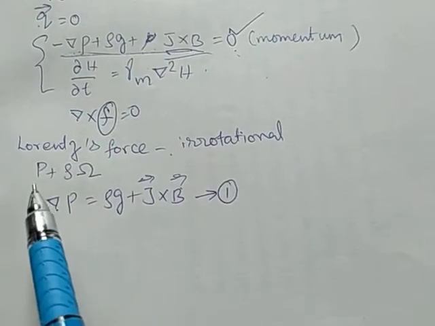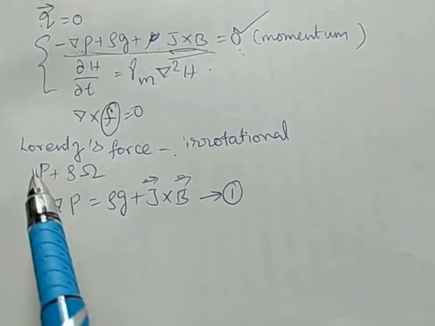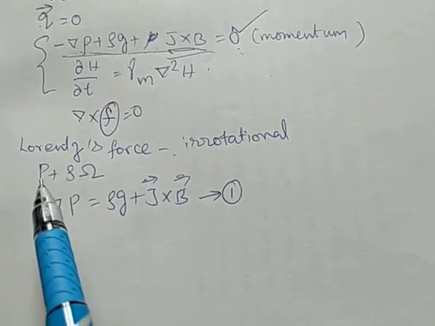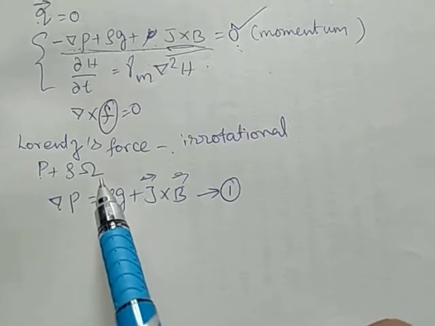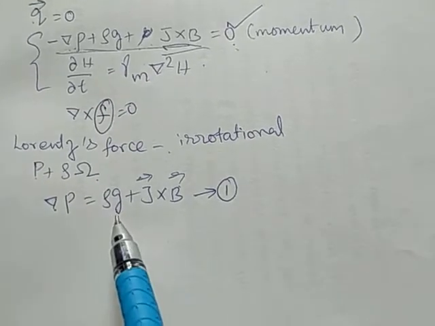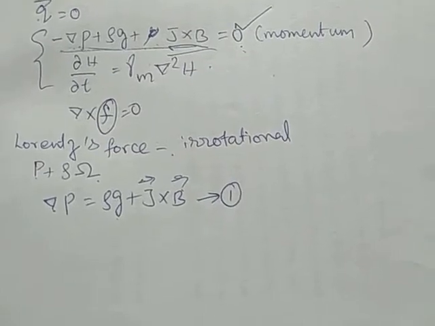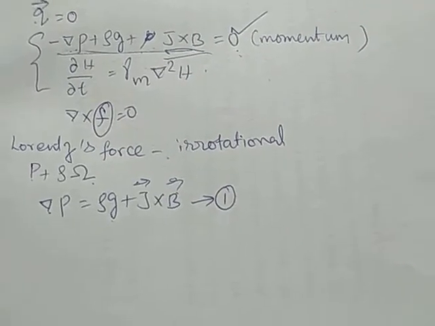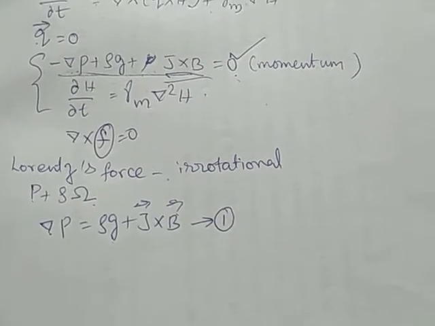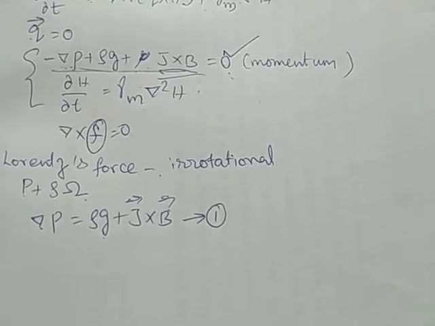We should get an equation of the form P plus rho omega. It means G should be expressed through omega. How to get this? Gravitational potential is conservative, right?